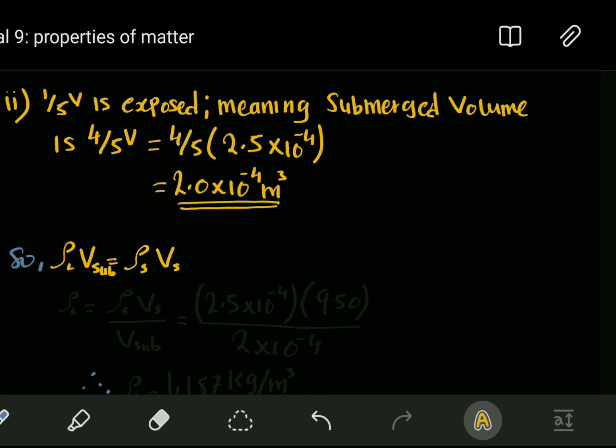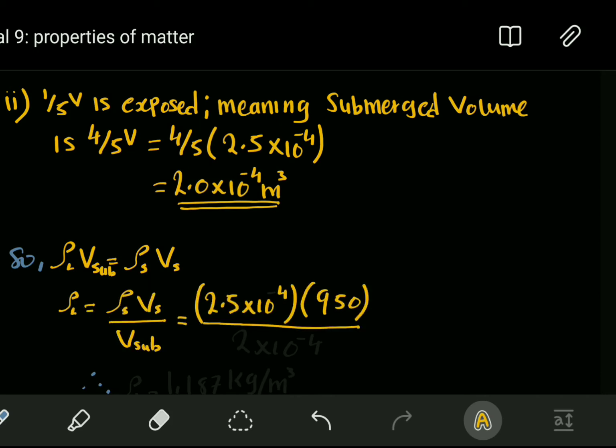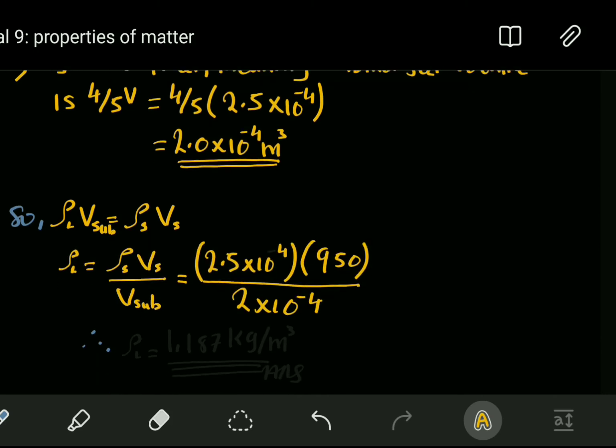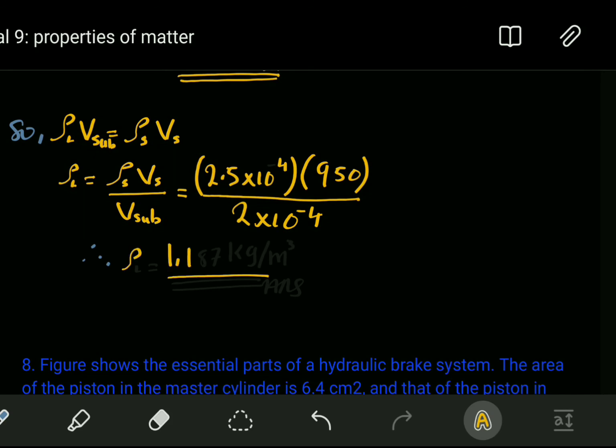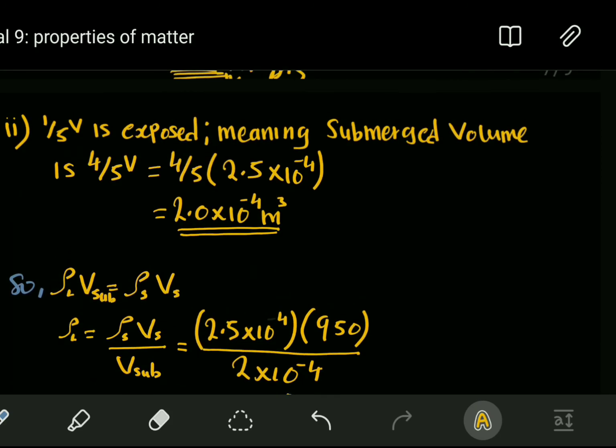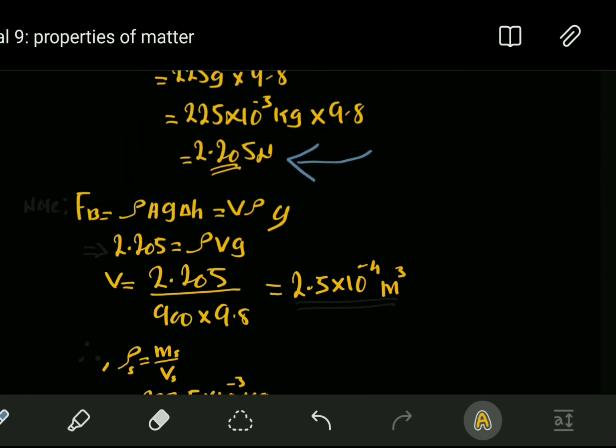Right, so from here we're able to obtain the expression for the density of the liquid. Okay, we simply substitute the values in there, and then we find the density of the liquid as 1187 kg per cubic meter. Okay, so here there was nothing much to do as well.